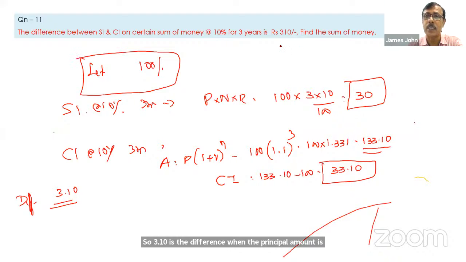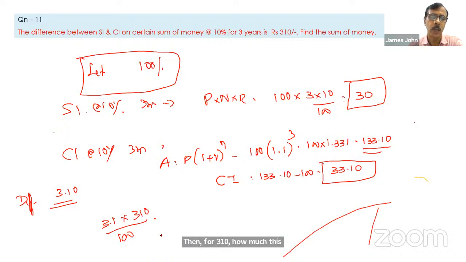Here the difference is 310. What will be the principal? How to calculate? For 100 rupees, the difference is 3.1. Then for 310, how much? This is the formula. For 3.1, it is 100.